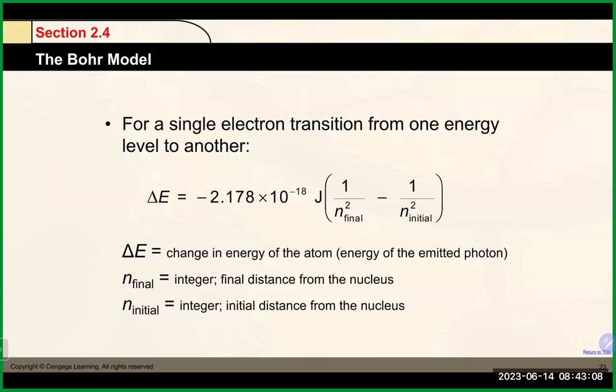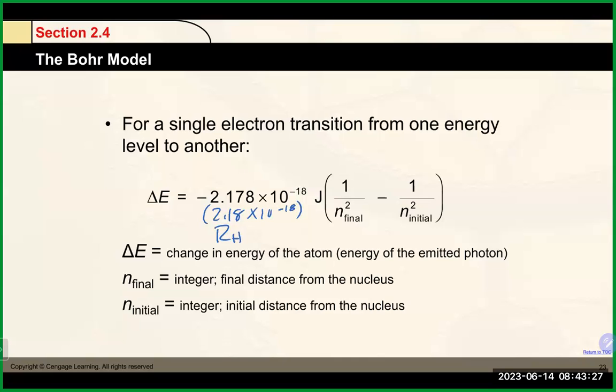We could use this equation here, which is the change in energy is equal to minus 2.178. Some people will use 2.18 and round it. This is what is sometimes referred to as Rydberg's constant.